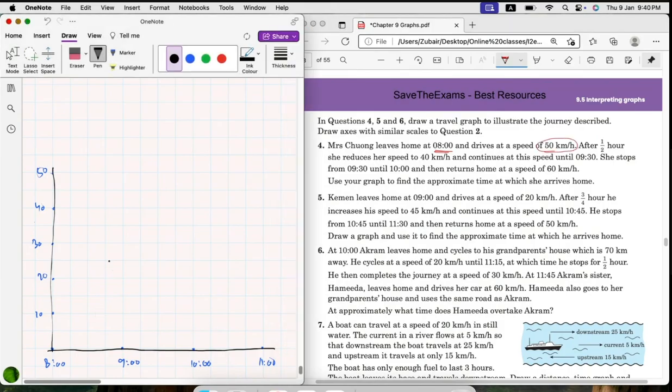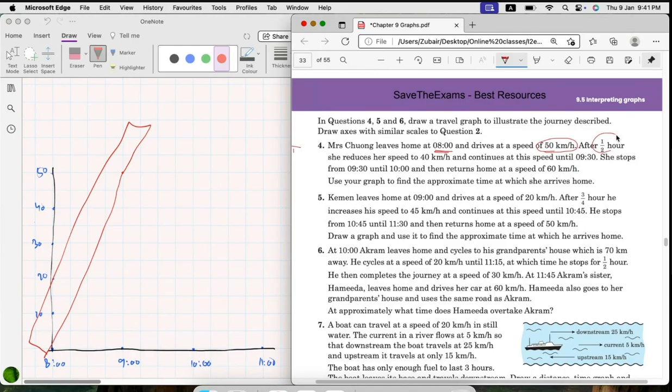See, Mrs. Shaw leaves at 8, drives at a speed of 50 kilometers per hour. So 8 to 9 is 1 hour, and in 1 hour she should cover 50 kilometers. I'm not drawing this line; it is just giving me the rate. I will place my ruler against these 2 points. But how long am I going to draw?